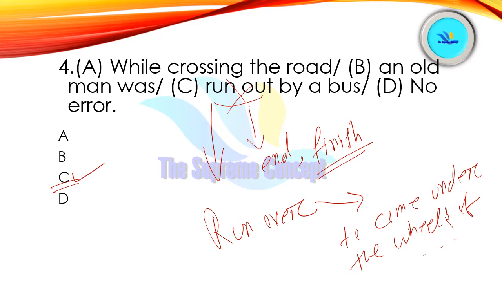Let us place this phrase and see how it sounds: while crossing the road, an old man came under the wheels of a bus. It sounds good, right? So "run over" will be used here, and the error lies in part C. We just did a correction in the phrasal verb part. So option C is the correct answer here.